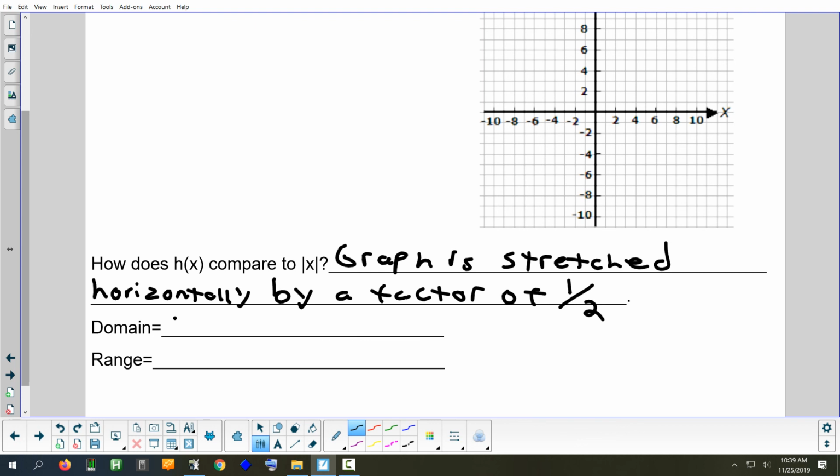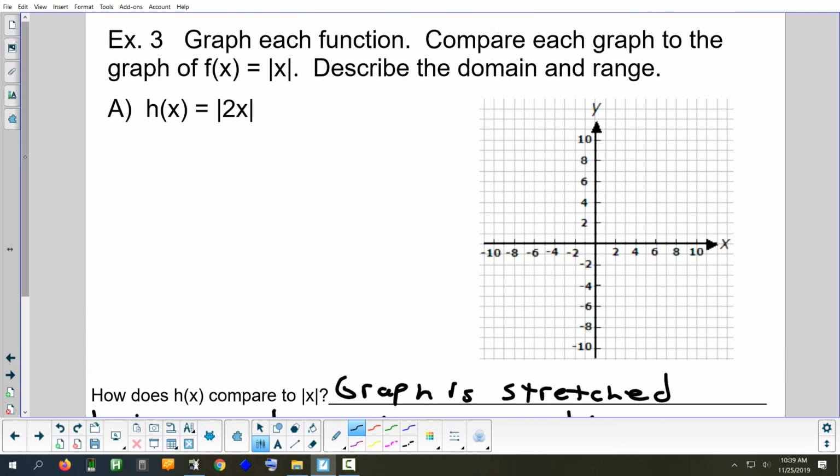The domain would be all numbers. And to get the range, we would have to graph it and then look at the highest and the lowest points. But I think you guys could handle finding the range.